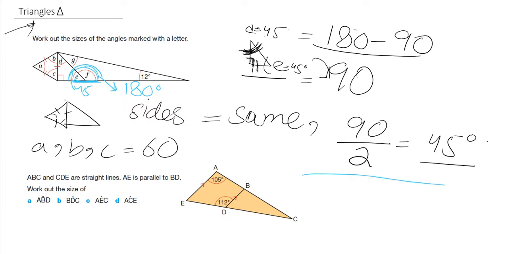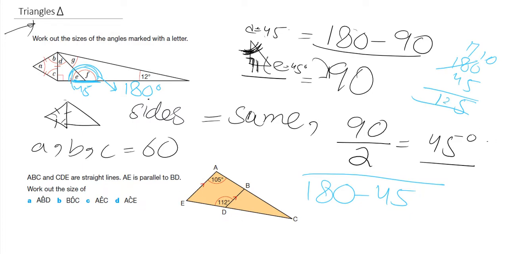So we subtract 45 from 180, and that would be 135 degrees. So F will be 135 degrees.